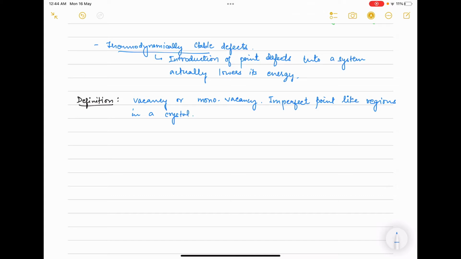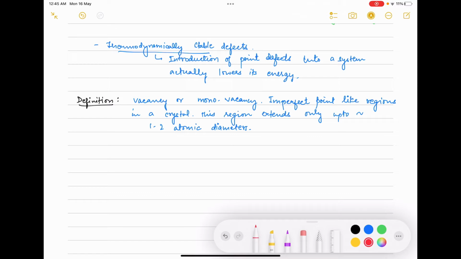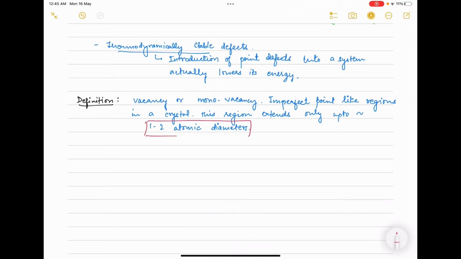And this region extends only up to approximately 1 to 2 atomic diameters. Okay? But this is just the imperfection range, which goes up to only 1 to 2 atomic diameters.